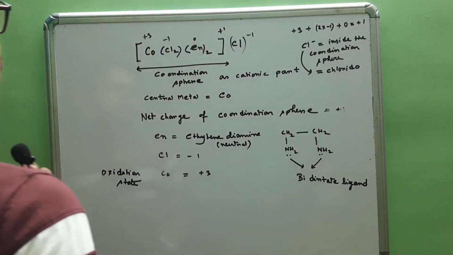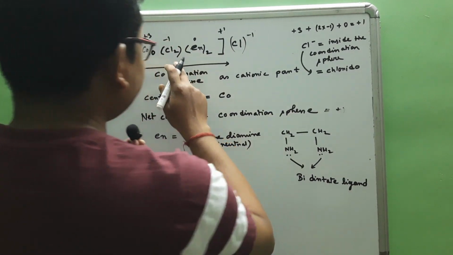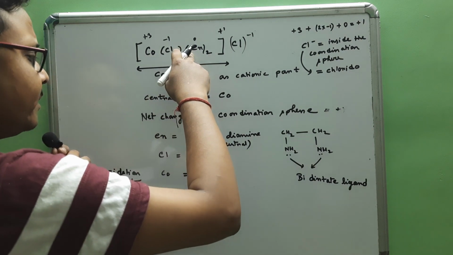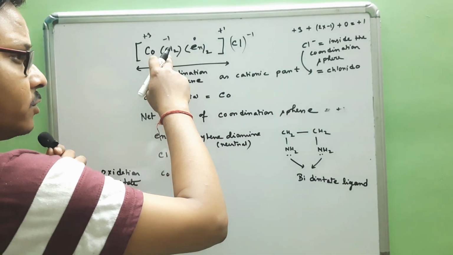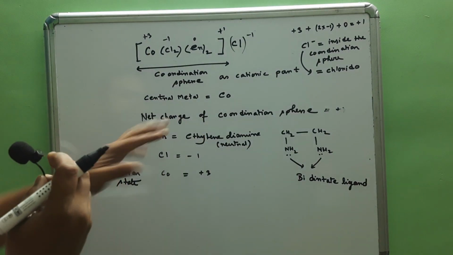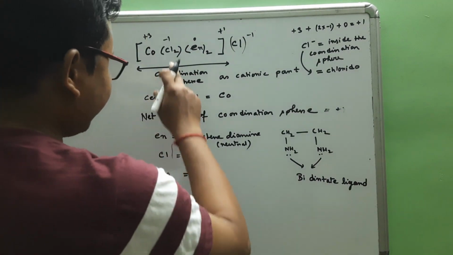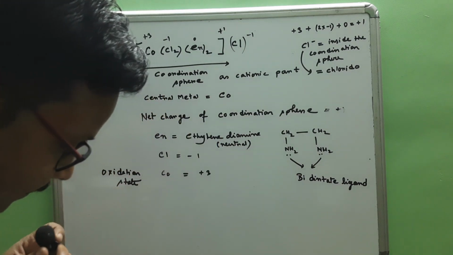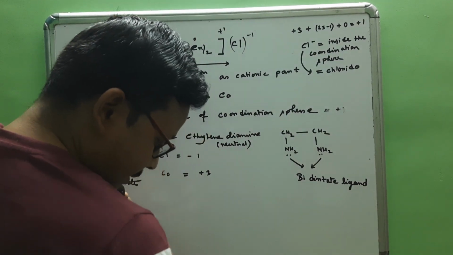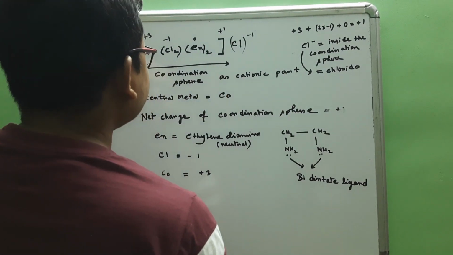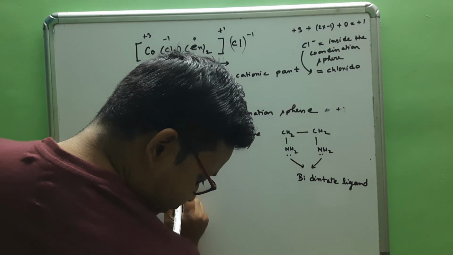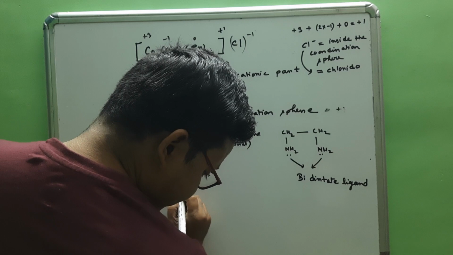Alphabetically, chlorido and ethylene diamine: C comes first, so chlorido comes before ethylene diamine. There are two chlorido ligands, so this is dichlorido.